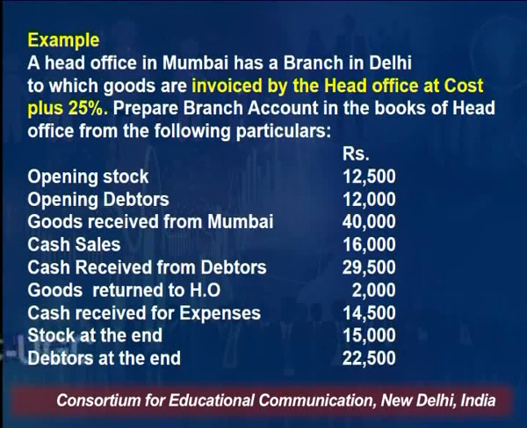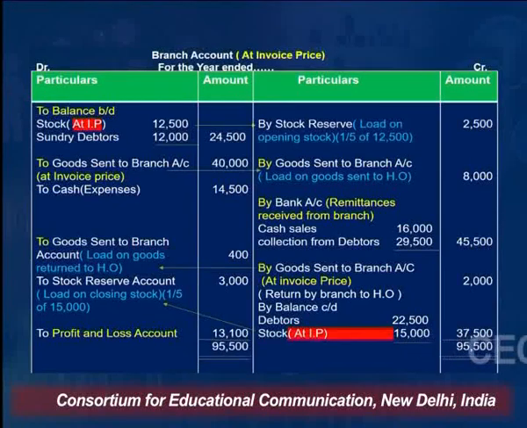The first item which is shown here is opening stock, that is 12,500. So this item is appearing at the invoice price. And what is invoice price here? Invoice price is 125, cost plus 25%, that is 125. So whenever we prepare the branch account at invoice price, you can see opening stock is appearing at 12,500. So this 12,500, this is not cost price. This is appearing at invoice price.